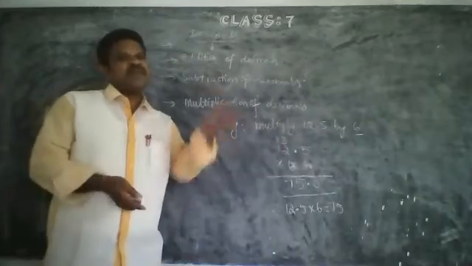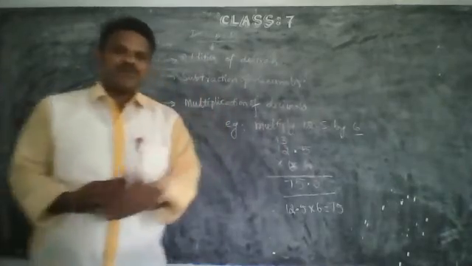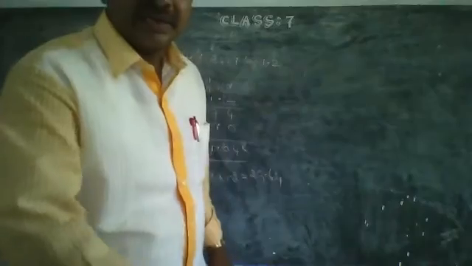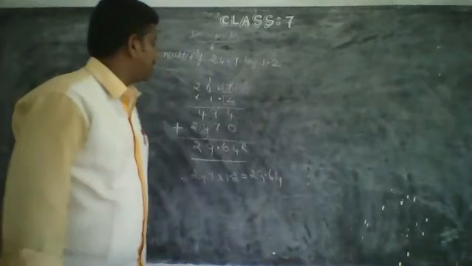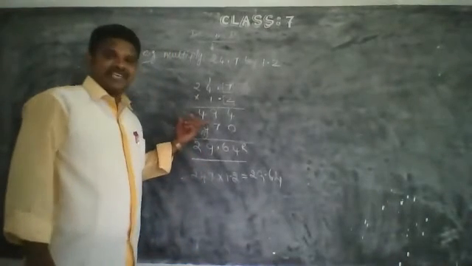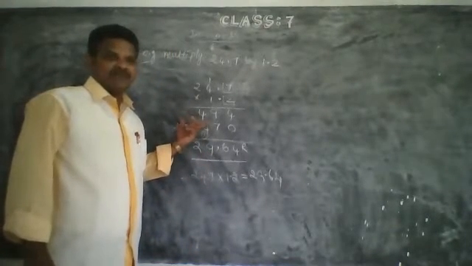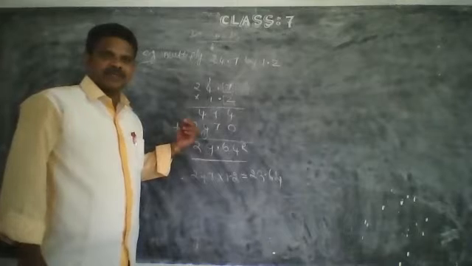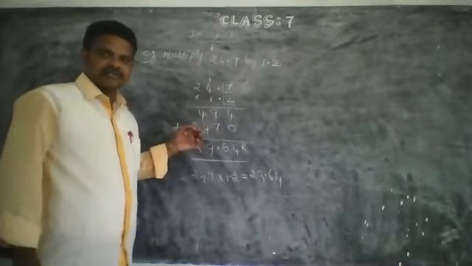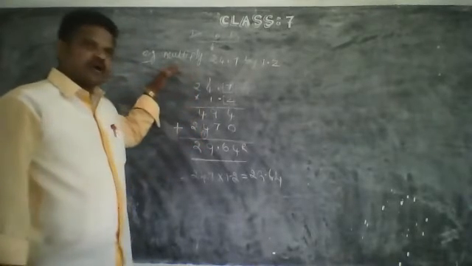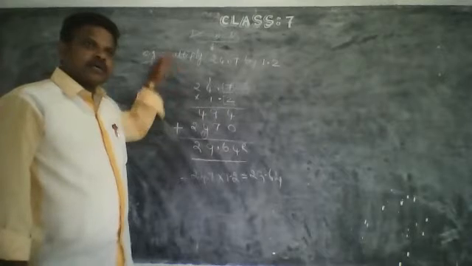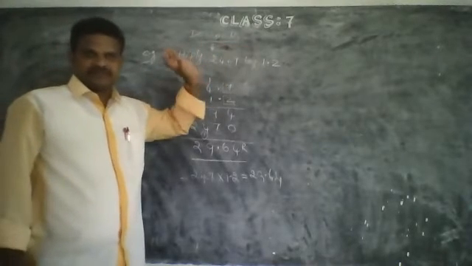Okay, if it is decimal by decimal, I will explain. Yes, sir. So you know this, I will explain one more time. Just now we multiplied a decimal number by a whole number.